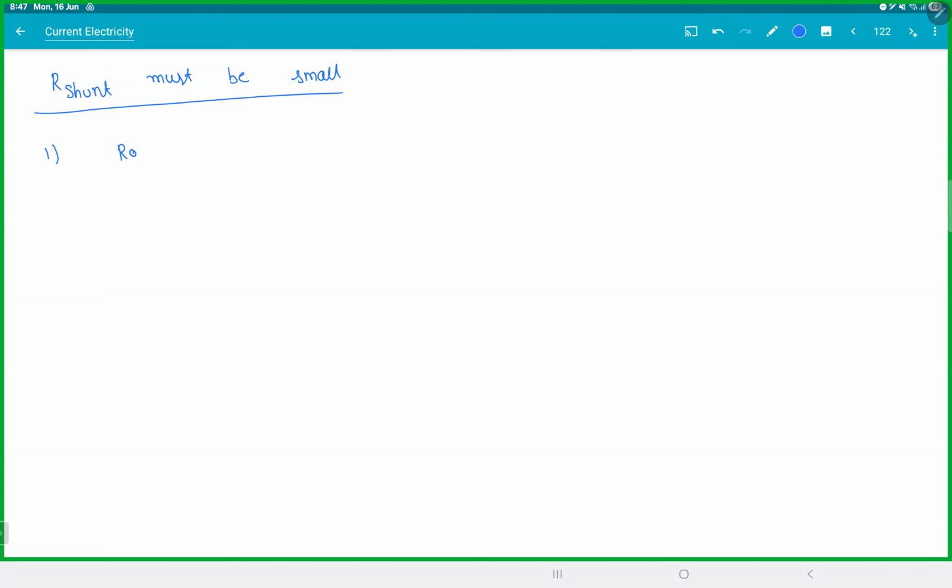Now I dash is V by R plus RA. Because you wanted to measure it, you have introduced a resistance, and that itself changes the actual value. And we know the resistance of this ammeter is nothing but 1 by (1/R shunt + 1/Rg). So if you make the shunt resistance very small, then RA also becomes very small, so error decreases.